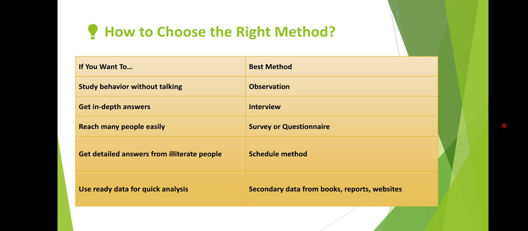If you want to reach many people easily, then you go for survey or questionnaire. If you want detailed answers from illiterate people, then you go for the schedule method. And if you want to use ready data for quick analysis, then you go for secondary data from books, reports and websites. So according to your convenience, you can use a different method, depending on what kind of data you want as a researcher.